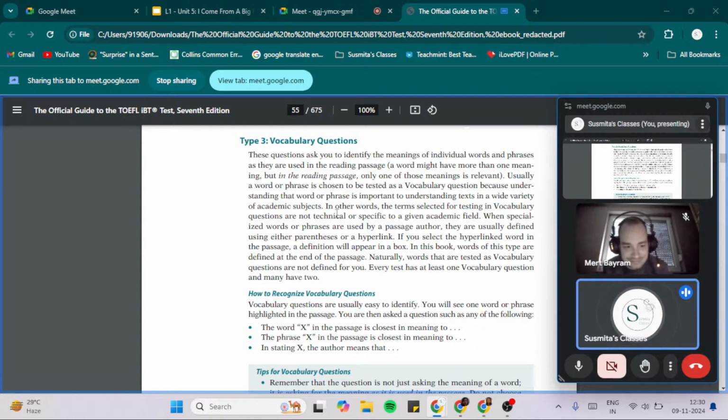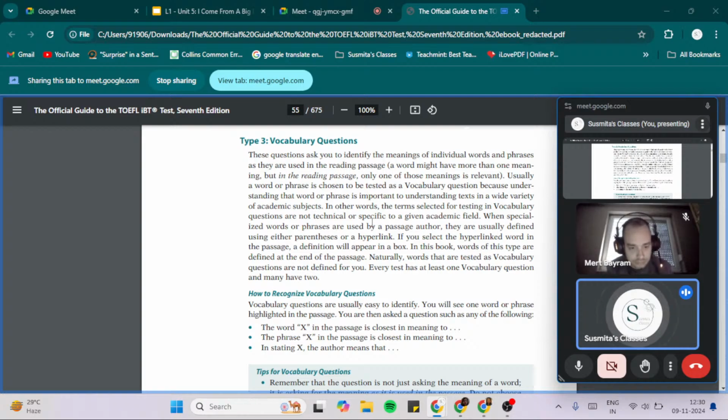Next, we have vocabulary question. Now, in vocabulary question, you will be asked about a particular word, a phrase, or a term that has been used in the paragraph. Over here again, they would be asking you the meaning of that word based on the context in which it is being used.